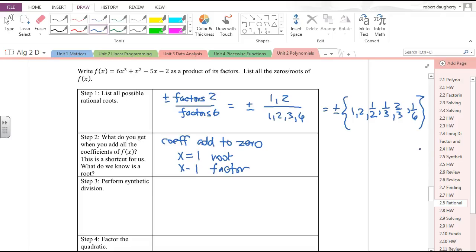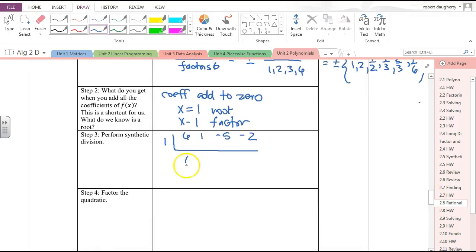So if I start my synthetic division, and let's see, that's 6, 1, minus 5, minus 2. Bring the 6 down. 1 times 6 is 6. Add that to get 7. 1 times 7 is 7. 7 minus 5 is 2. 1 times 2 is 2. Add that to get 0. Okay?